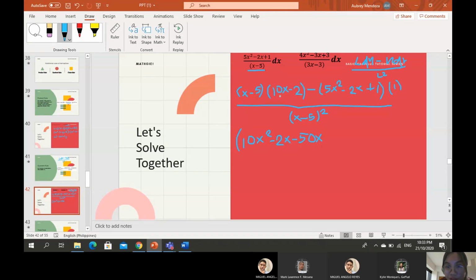And then negative 5 times negative 2 is equals to positive 10. On the other hand, 1 times 5x squared is equals to 5x squared.